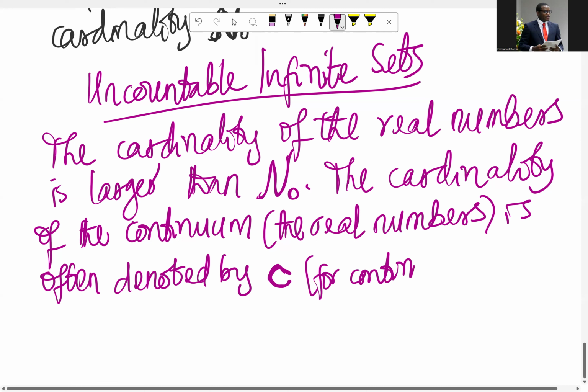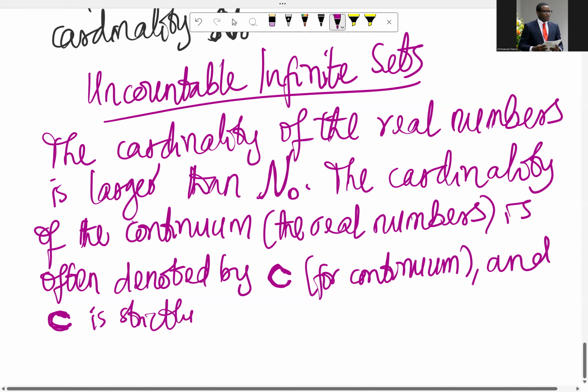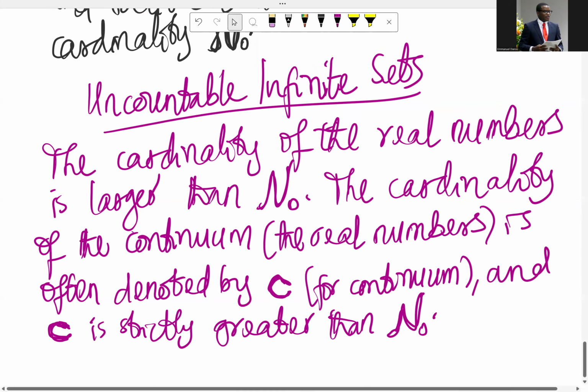And that special C is strictly greater than aleph null, because of course we're talking about uncountable infinite sets.